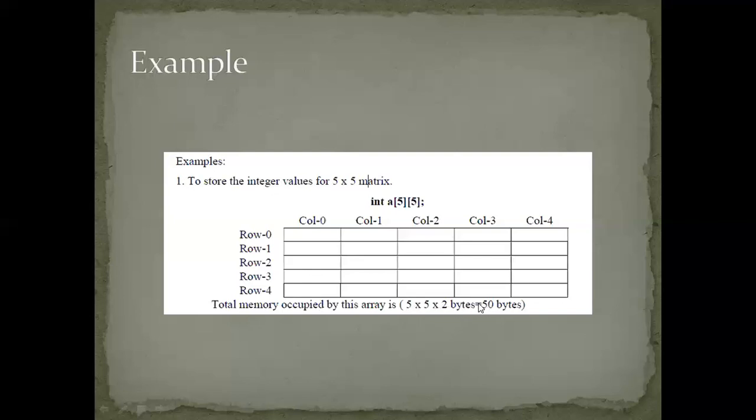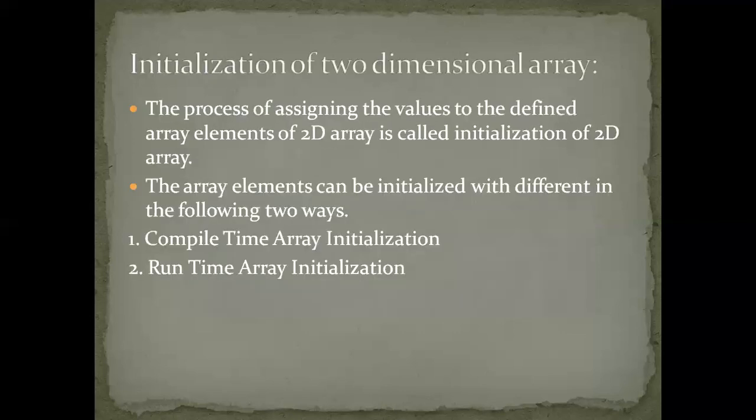Together, totally how many bytes? 50 bytes. So when you declare int a[5][5], we are going to allot 50 bytes for this. This is the memory allocation in the computer memory. Understood this example? Okay, fine. Move on to the next.